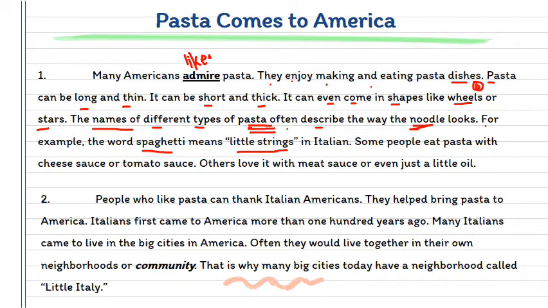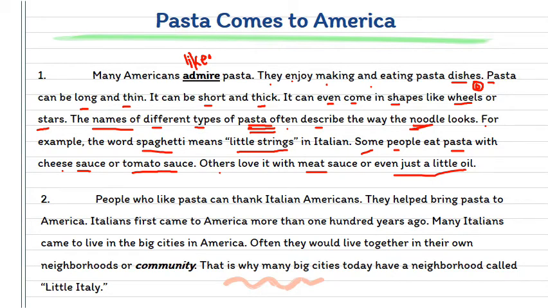So the word spaghetti is an Italian word and it means little strings. And that's why spaghetti usually has the shape of little strings. Some people eat pasta with cheese sauce or tomato sauce. Others love it with meat sauce or even just a little oil.